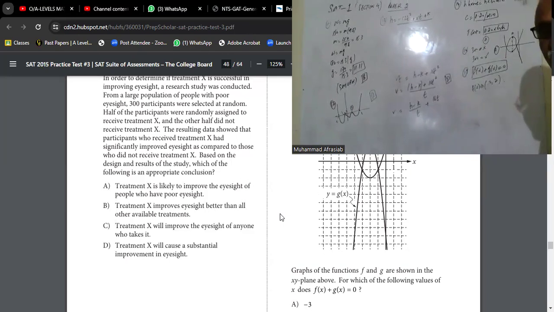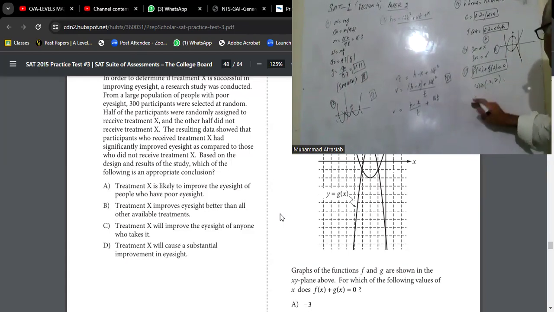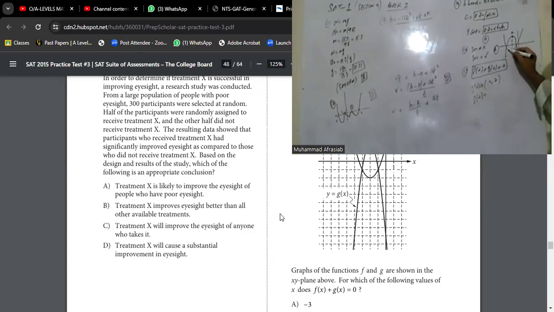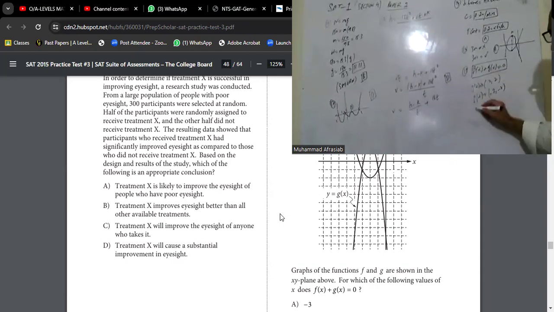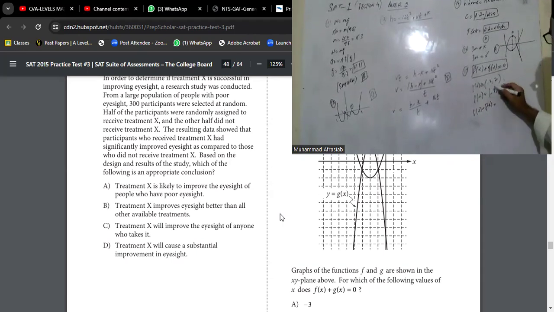For the other graph, this is g of x. For f of x, this graph is there, and that value is also -2 and -2 there. So if we add f of x plus g of x, then it is 2 minus 2, that is equal to 0.